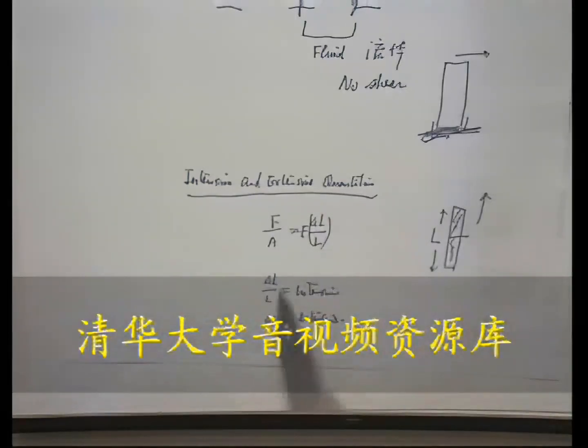So this is the formula of intensive. Therefore, this E is intensive. If you had not had this L, then delta L is extensive. So this E has to be also extensive, and you don't want an extensive quantity. So this difference between intensive and extensive is a very important one.